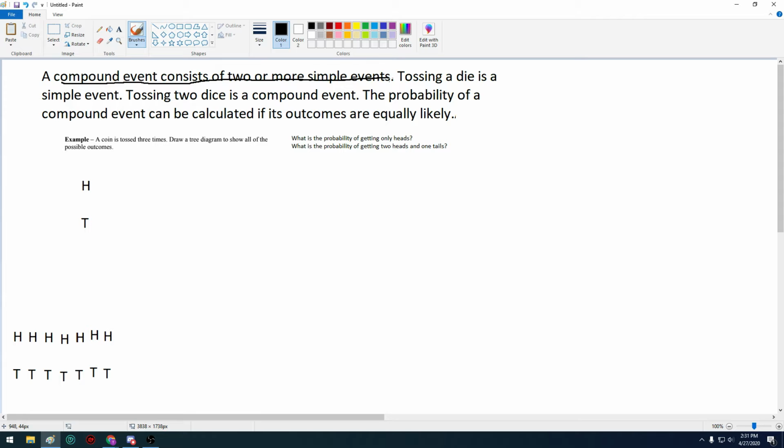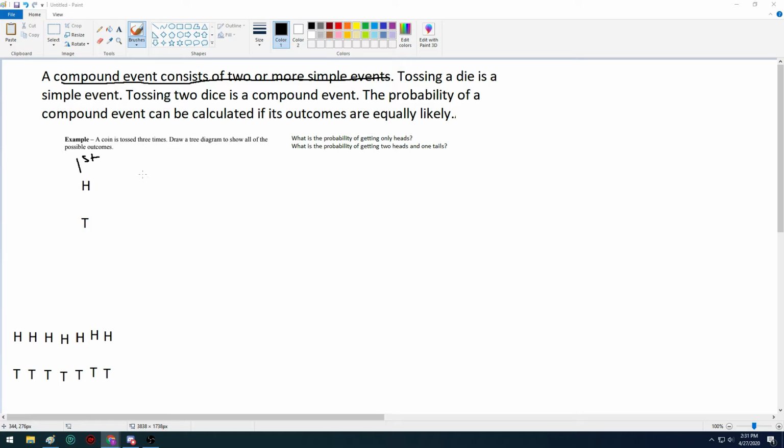The probability of a compound event can be calculated by its outcomes that are equally likely to happen. So let's look at this case. For a coin example, if you do the first coin, you have the option of having heads or tails coming up, right?